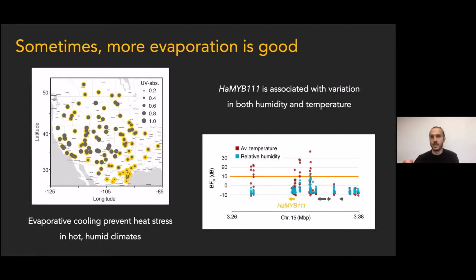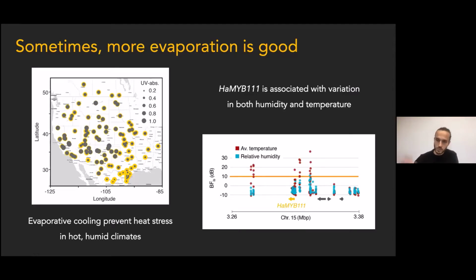Just that instead of looking at the phenotype of individuals, you look at environmental factors, so population level characteristics, and instead of looking at the genotype of individuals, you look at allelic frequencies within that population. But the general idea is the same. You look for correlation between these allelic frequencies and particular environmental factors. And we found that both for temperature and relative humidity, there are significant associations in the promoter of MYB-BRD 11.